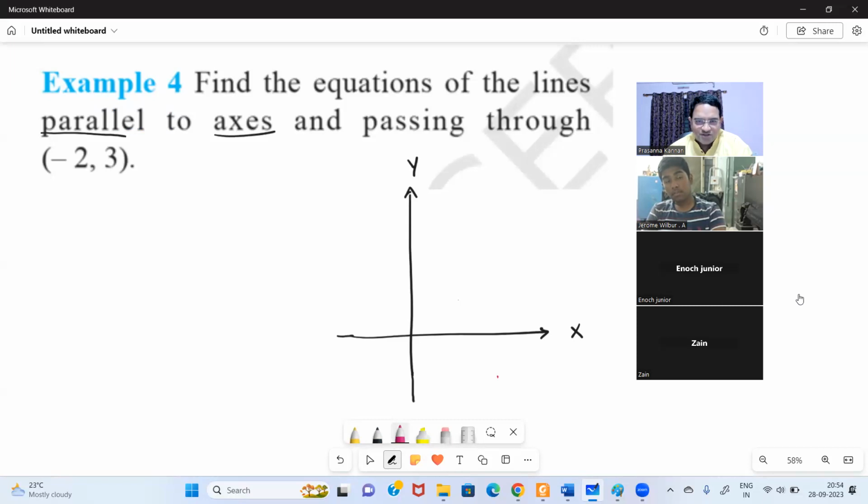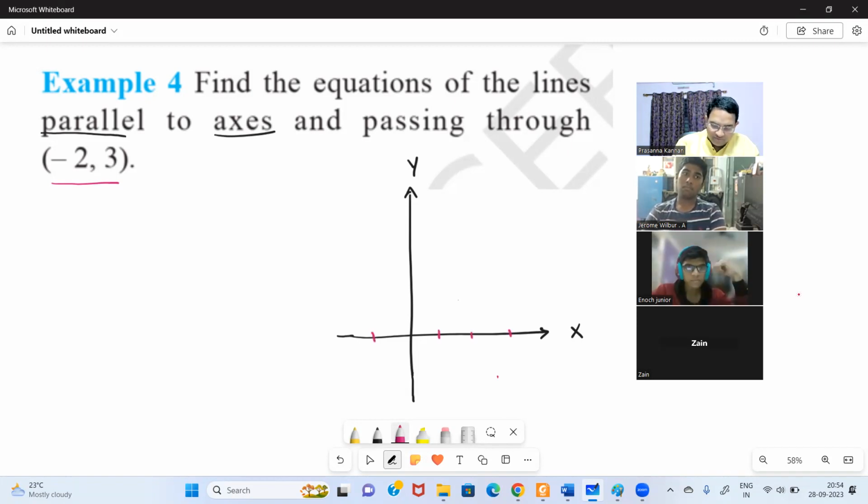Minus 2, comma 3. Minus 2, that means x is negative, y is positive. Which quadrant? Second quadrant, isn't it? These are all positive values. These are my negative values. Do you understand?